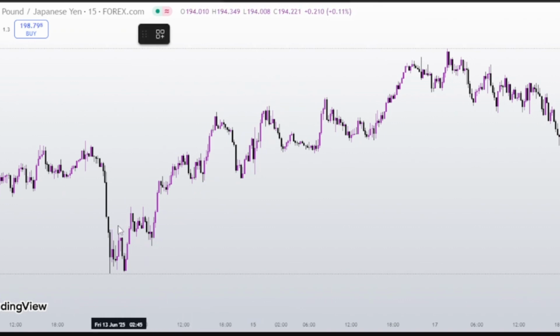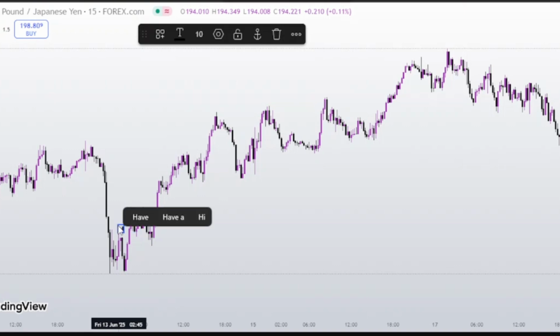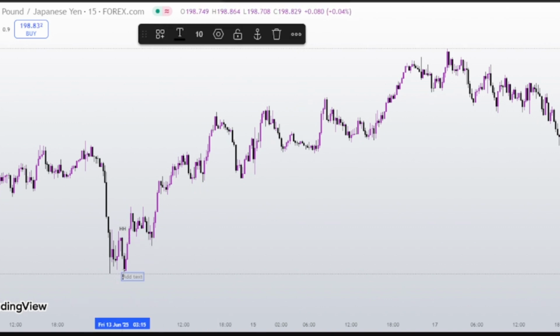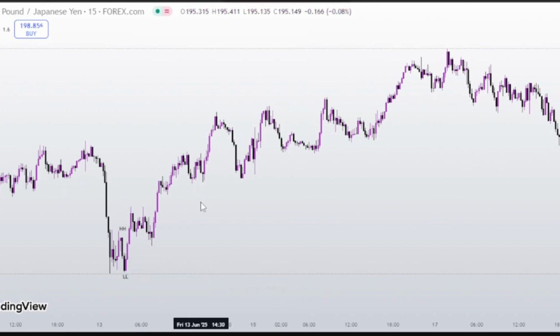It creates a higher high over here, and after this higher high, it retraced and created a lower low. After that, the market shifted structure right here. In my next video I'll be talking about market structure shift and break of structure.